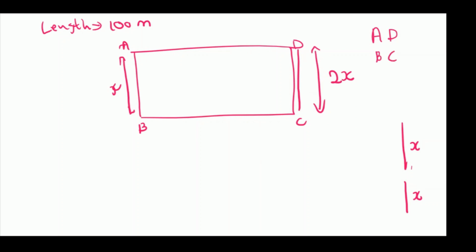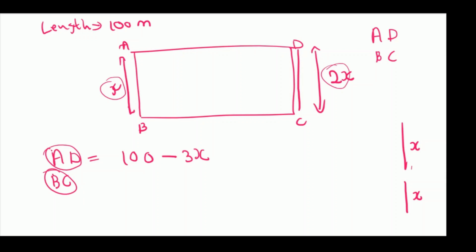And we need to find AD and BC now. So for us to find AD, we need to say the total length of the fencing is 100, so 100 minus the x, and the 2x, which is 3x. But we want to find not only AD but also BC. So these are two dimensions that we want to find, right?